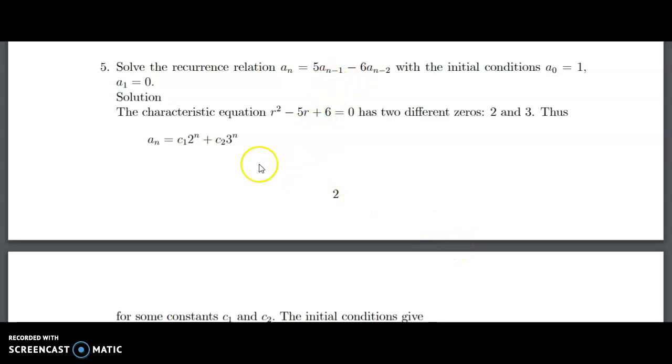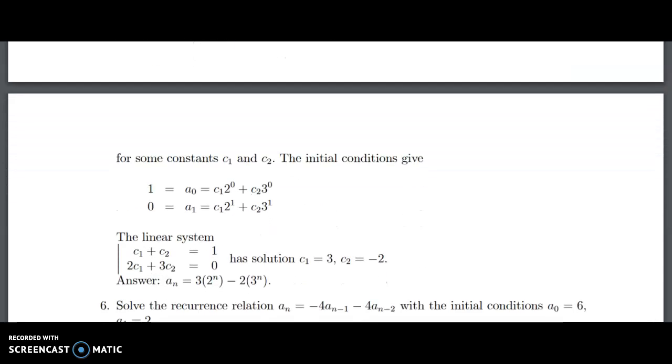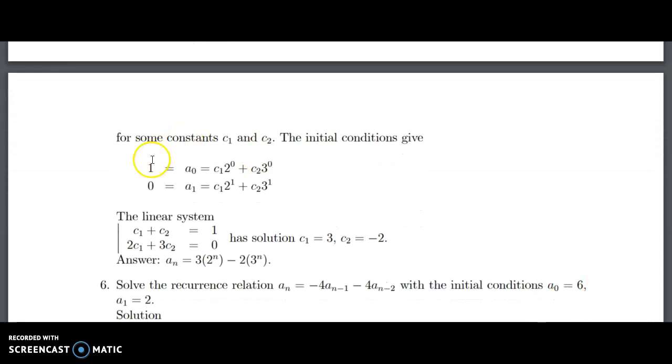And we have to select appropriate coefficients C1 and C2 so that the initial conditions given in the problem are satisfied. A naught, replace n with 0, you get a naught.